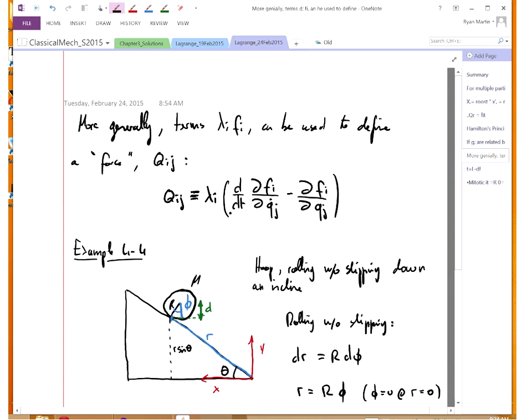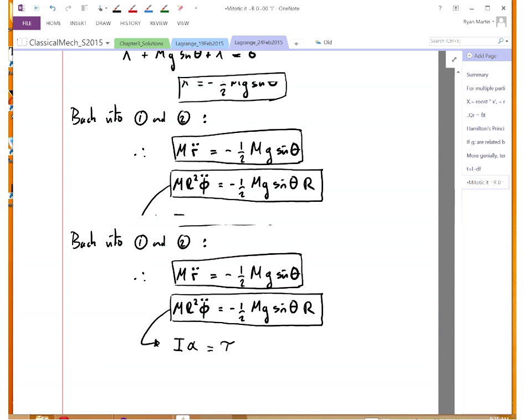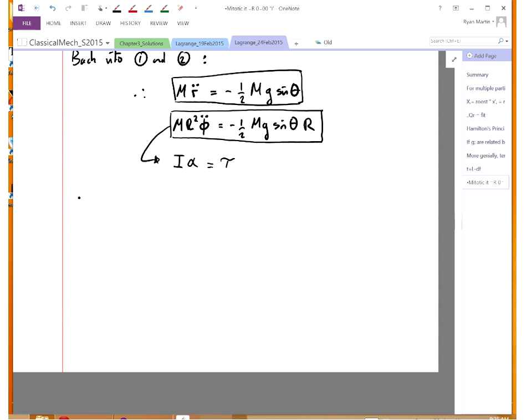And then we wrote this formula very generally, the Q i j, just mathematically, that there's some sort of generalized force that has this form. So at this point we know lambda and we know everything else. So let's go ahead and plug it into this particular equation to see what we get for a force, just out of curiosity.